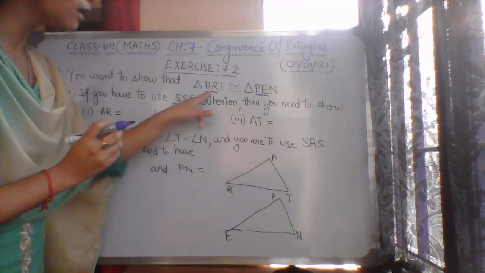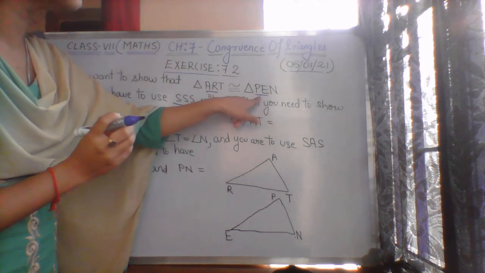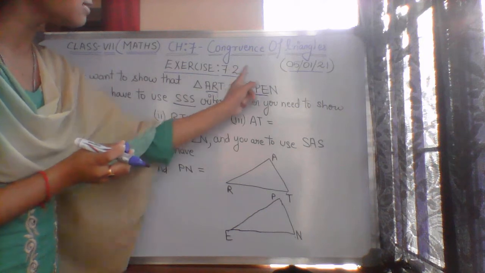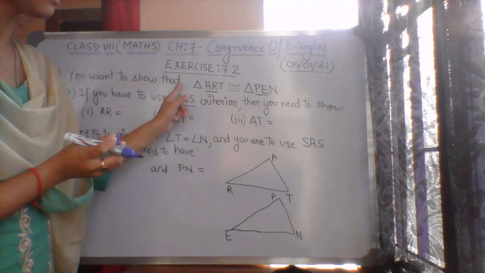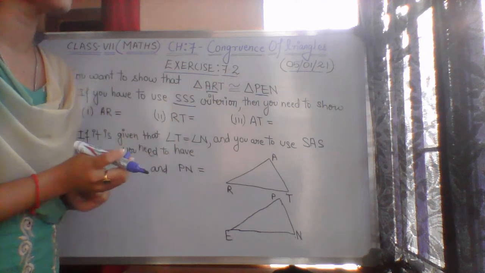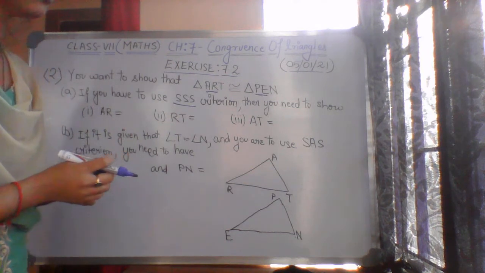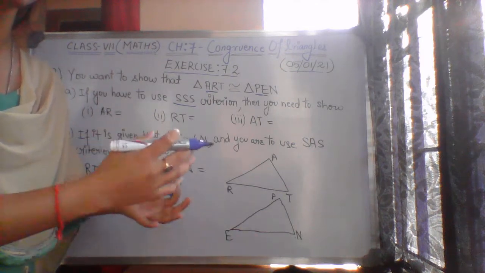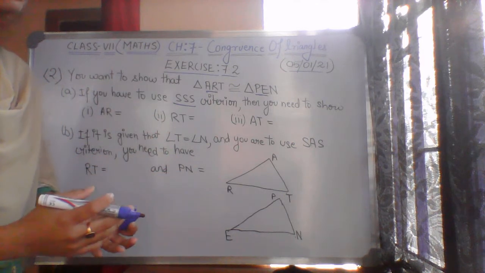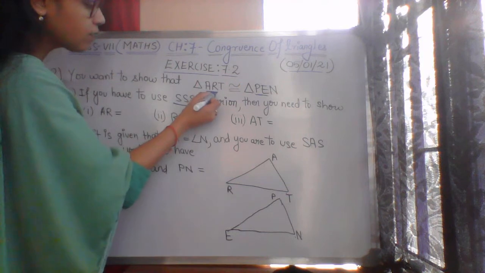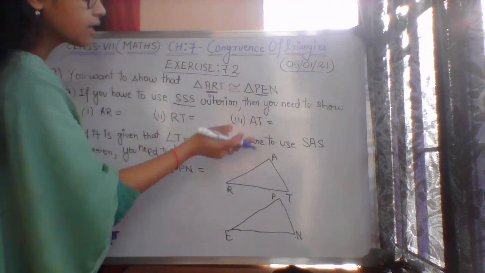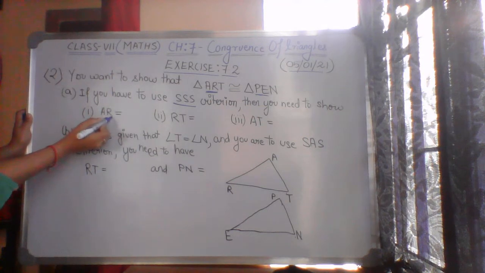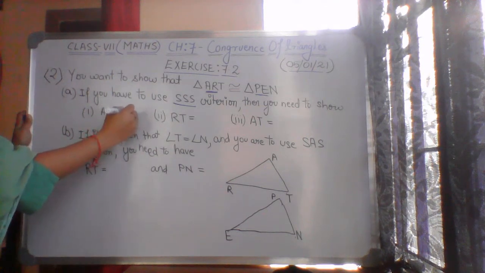If you are taking the first two letters, in that triangle also you have to take the first two letters when the congruency is given already. This is the order they have given. Because if congruency is given, you know how to write the corresponding parts, you have studied that. So what is the corresponding part of AR in triangle PEN? It is PE. So AR should be equal to what? PE.